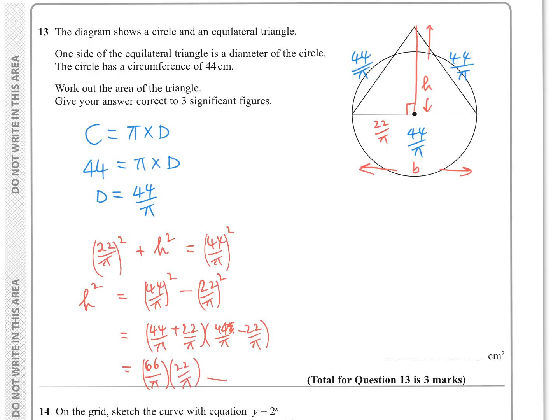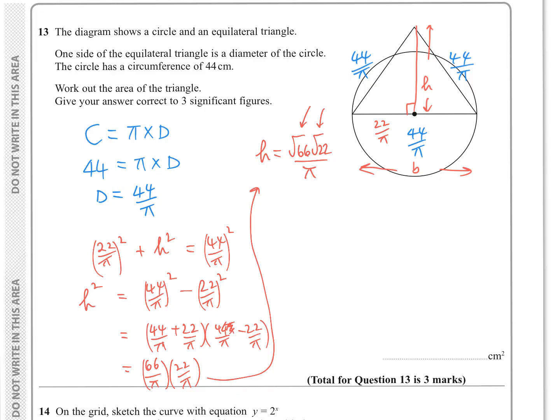We want h, so h is equal to root 66 times root 22 over pi. Okay, I could do those in surd form, but I won't in this particular case.